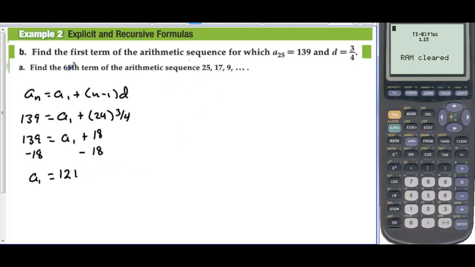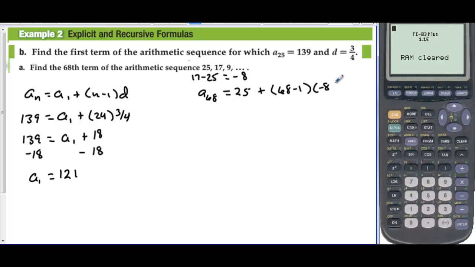On the second problem, find the 68th term of the arithmetic sequence. So a sub 68 is equal to a sub 1, which is 25, plus 68 minus 1 times the common difference. And the common difference is 17 minus 25, that's negative 8.